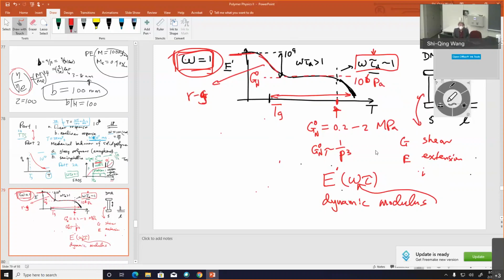You can change this product by changing tau, which in our dear polymers is by changing temperature. So keep in mind, our tau we discussed for the first time can be a strong function of temperature. So this actually is exactly where I want to be to introduce time-temperature superposition.